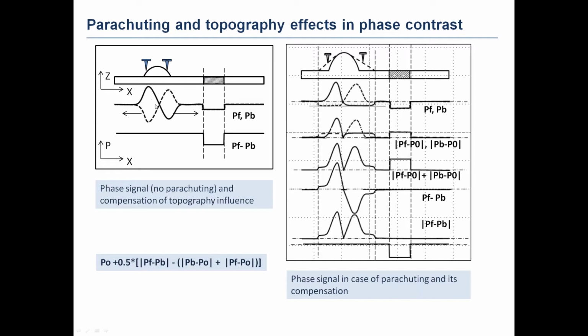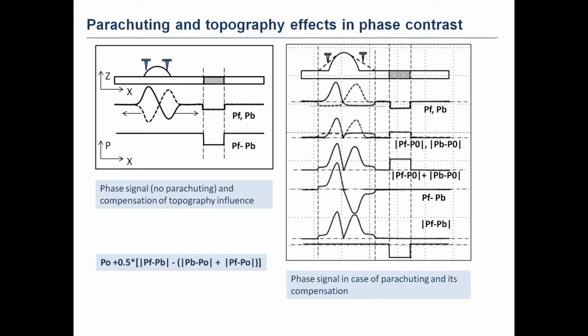The stray contrast that corresponds to the topography of the sample, and another area that corresponds to the material contrast that we are interested in. So the useful signal.